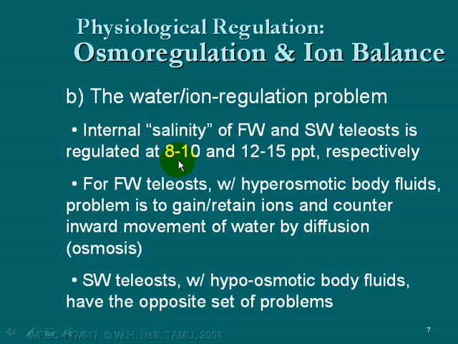Most folks use the word osmosis to describe diffusion of water through biological membranes. So I guess osmosis is a special form of diffusion having to do with water particularly, but ions also diffuse. Saltwater teleosts, on the other hand, have just the opposite set of problems. They've got blood that's hypoosmotic relative to the ocean they live in, and so they're constantly losing their water to a saltier world and at risk of gaining too many ions from that saltier world.